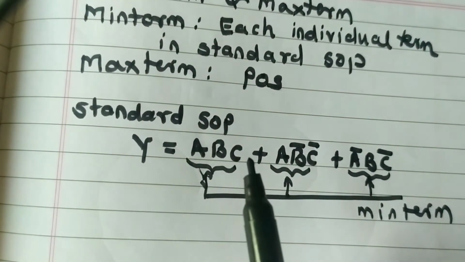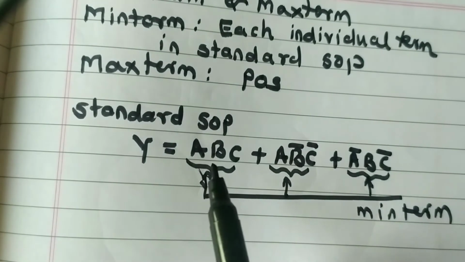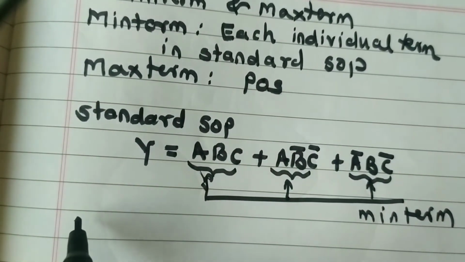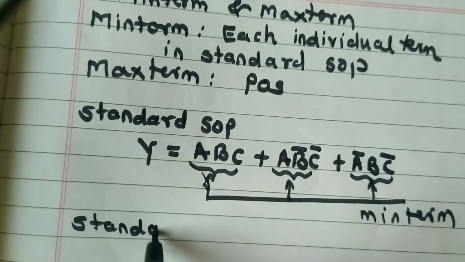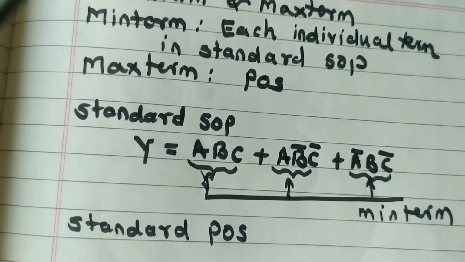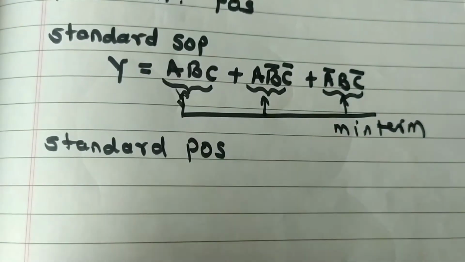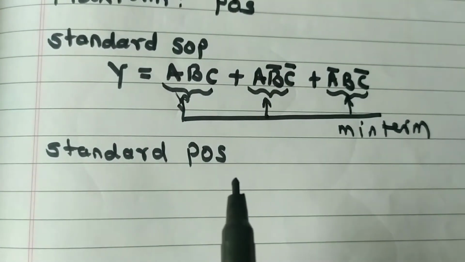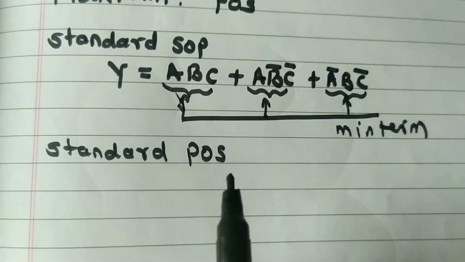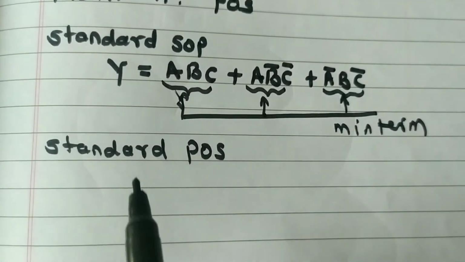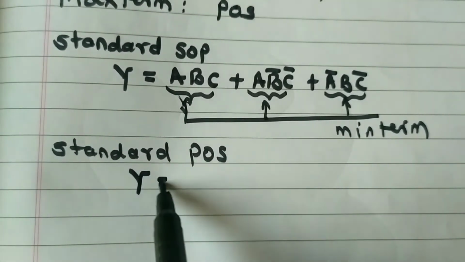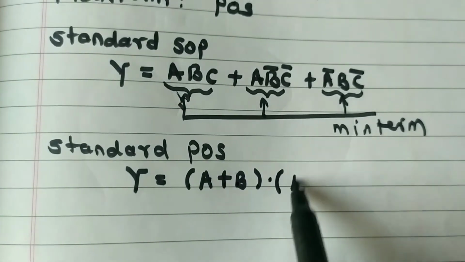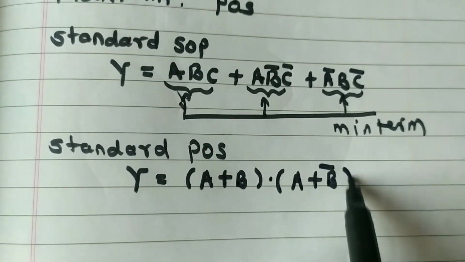In each standard SOP equation, each individual product term is a minterm, whereas consider the standard POS equation. Maxterm: each individual term in the standard POS form is called a maxterm. Consider the standard POS equation: y is equal to a plus b into a plus b bar.